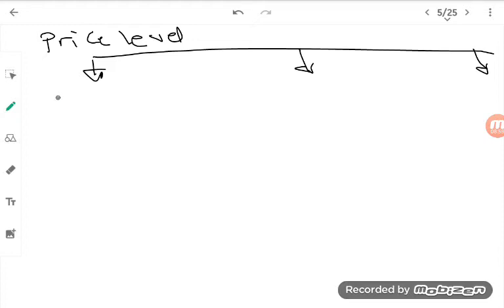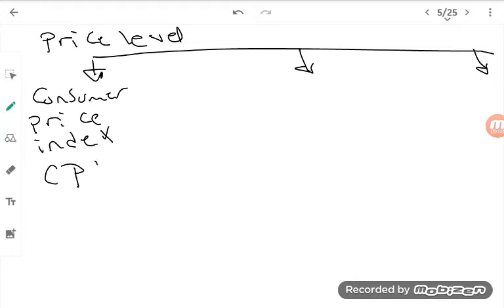Number 1, consumer price index, or known as CPI.